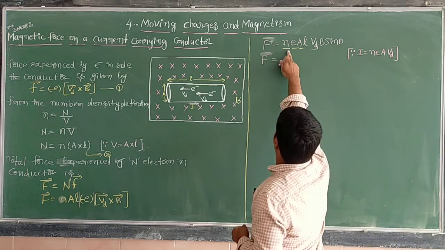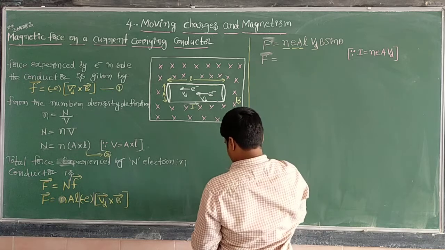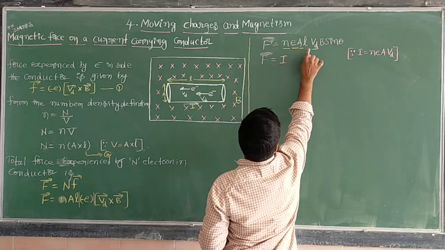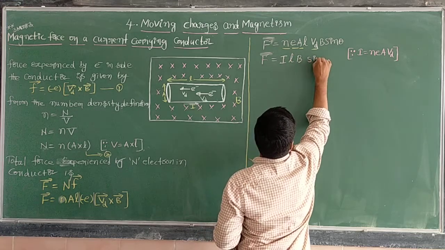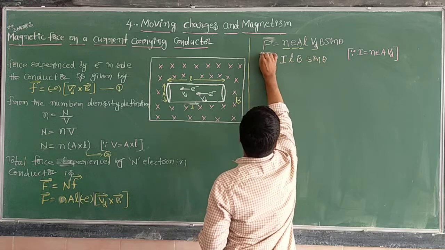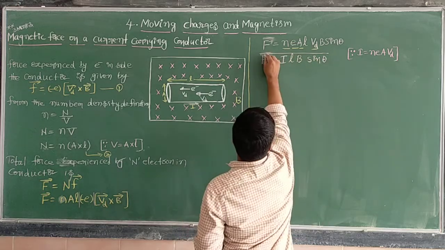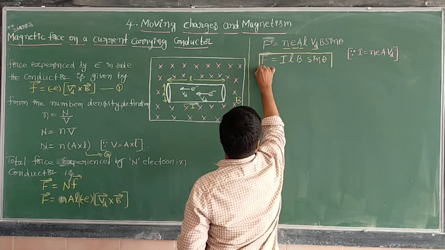Next, among these, we can write I instead of n e A Vd, giving I L B sin theta. I L B sin theta is the force experienced by the current carrying conductor.